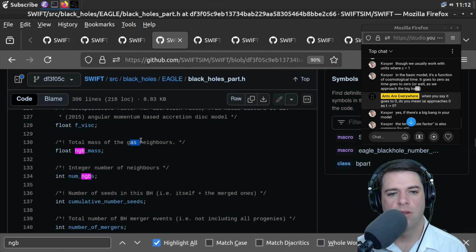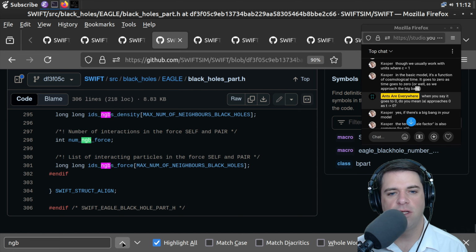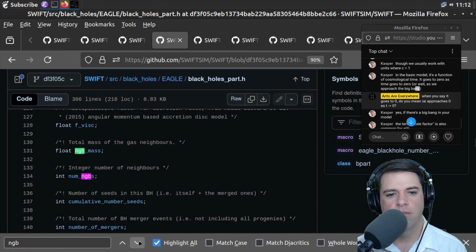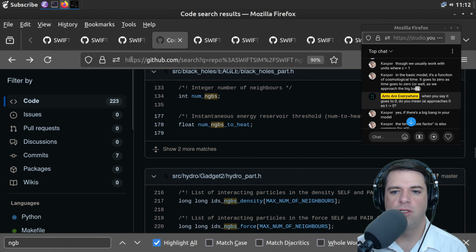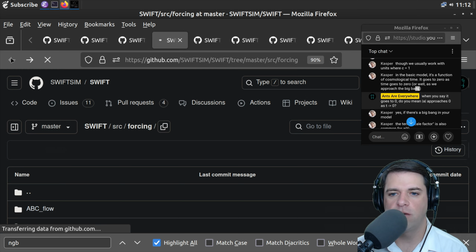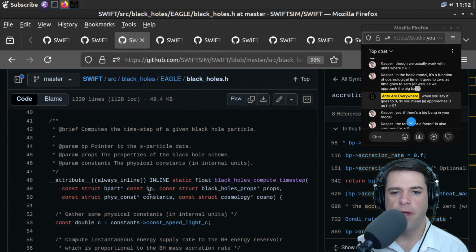Gas neighbors. Total mass of the gas neighbors. Is G something related to gas? Total number of neighbors. Oh, NGB is neighbor, I guess. So I don't know if this is like neighbors in the like the particles neighbors or the black holes neighbors.